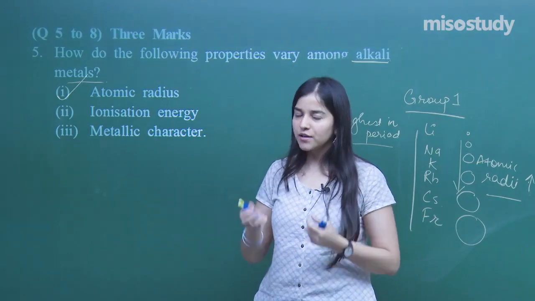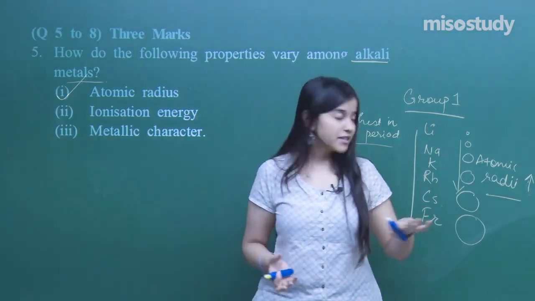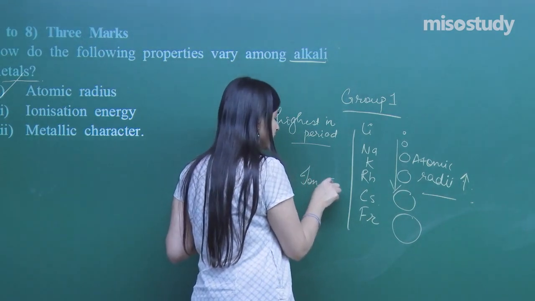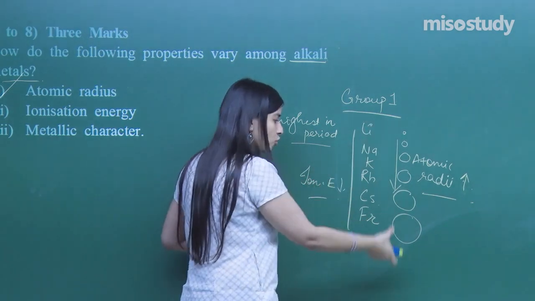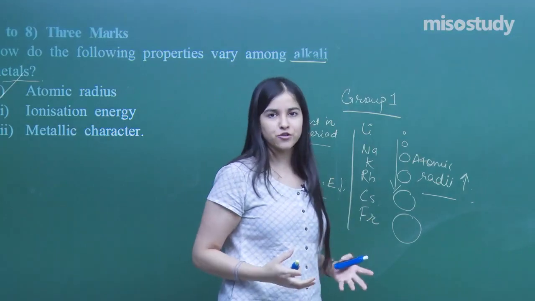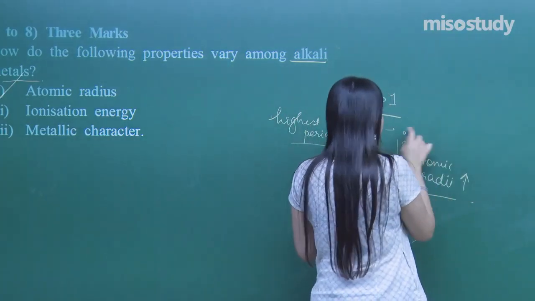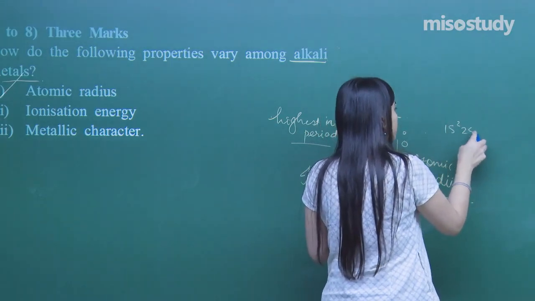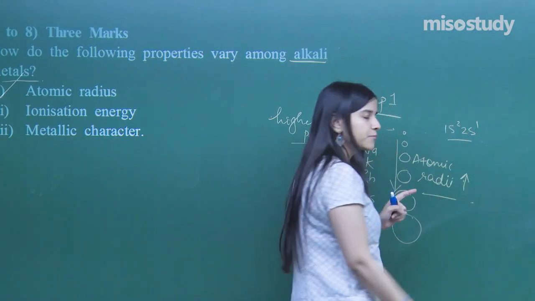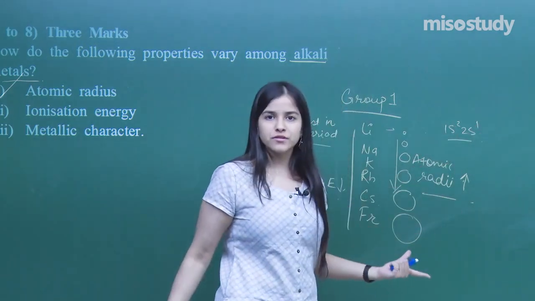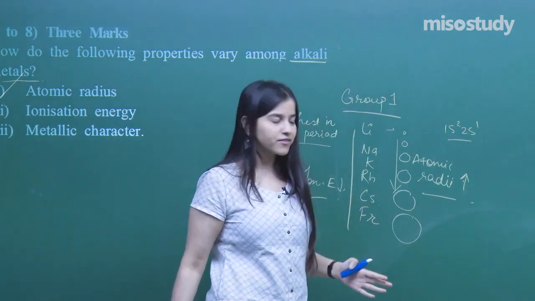Ionization energy again is based on the atomic radii, right? So down the group, ionization energy is decreasing because with more size, it will give away the free electron, that is only 1, right? Lithium has configuration 1s2, 2s1, and similarly there is only 1 electron to lose to attain the stable noble gas configuration.